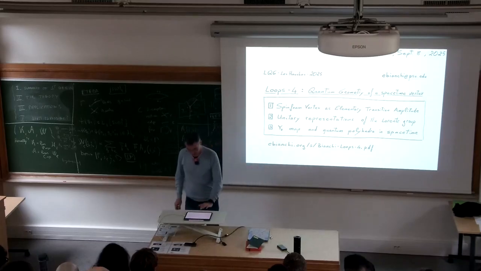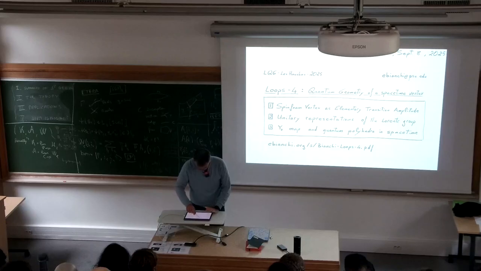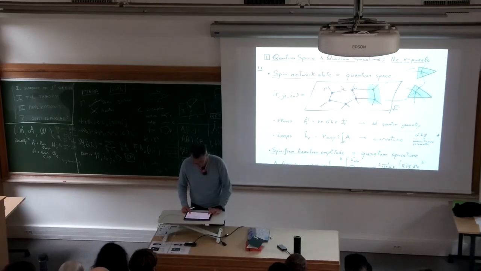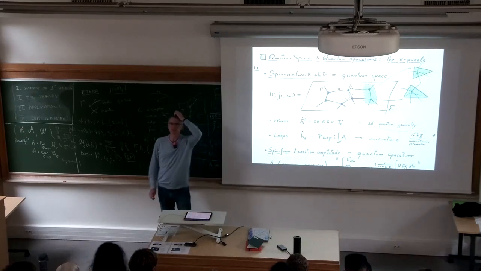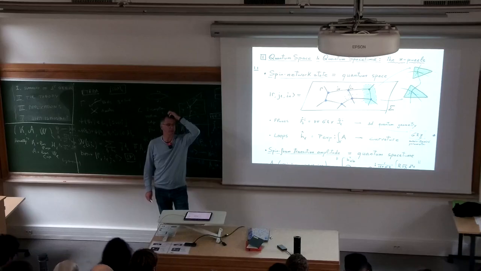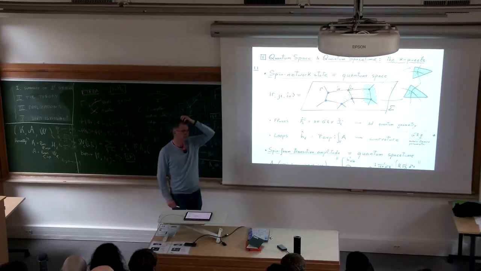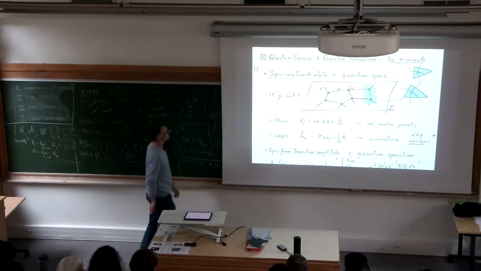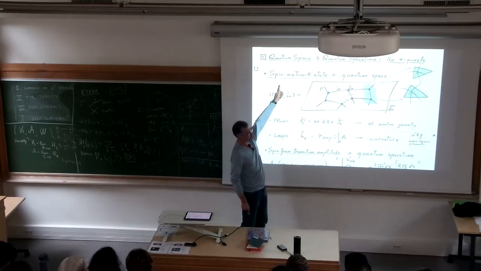Okay? So let's see. I think a way to start and present this story is to tell you about the gamma puzzle. If you haven't heard about it, the gamma puzzle is the following statement. We looked at spin networks.